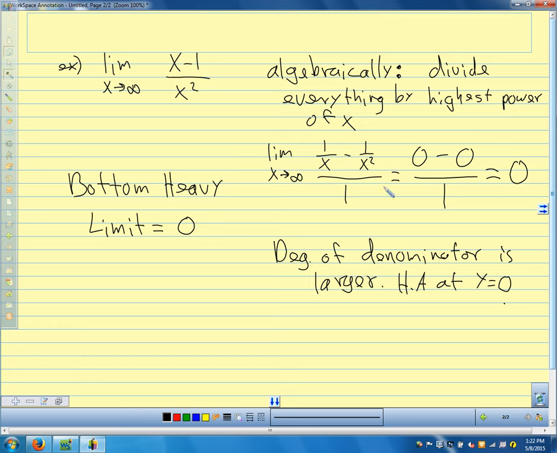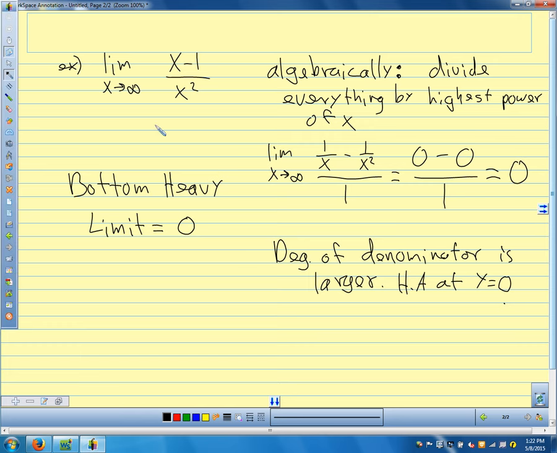So algebraically, we would do this and use the limit of 1 over x and 1 over x squared. But our shortcut is to say this is bottom heavy, the limit's going to be 0. And this is why this rule for our horizontal asymptote works. Because these limits are 0, we get 0. All right, questions there?